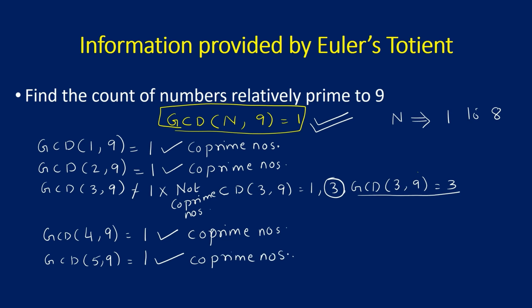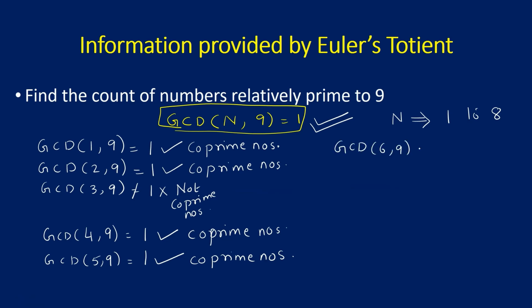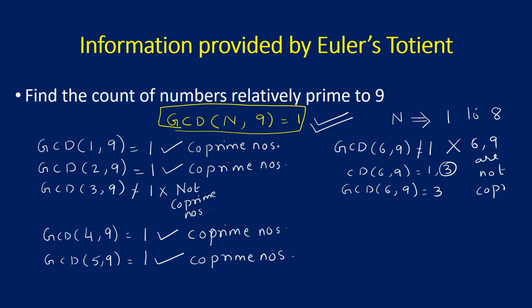Therefore 5 and 9 are co-prime numbers. Let us now check the GCD between 6 and 9. If you see 6 and 9, they can be divided by 1, they can be divided by 3. So the greatest common divisor between 6 and 9 is equal to 3 and not 1, and hence 6 and 9 are not co-prime numbers.